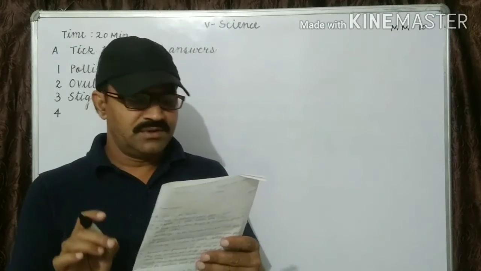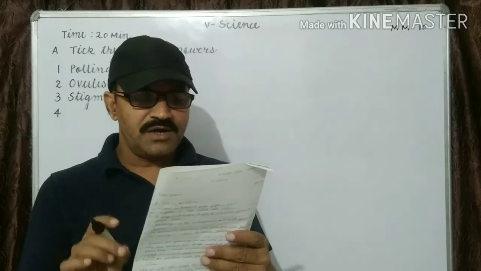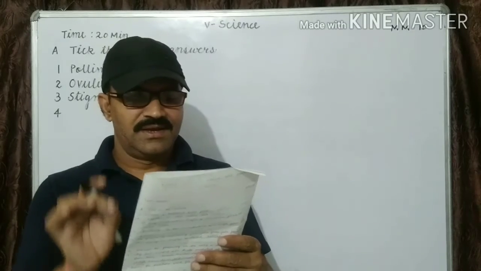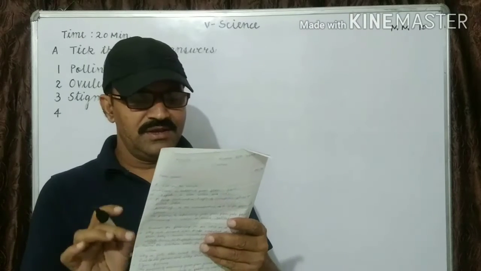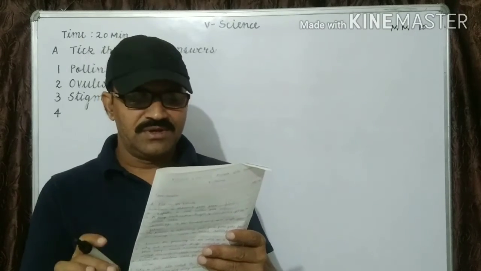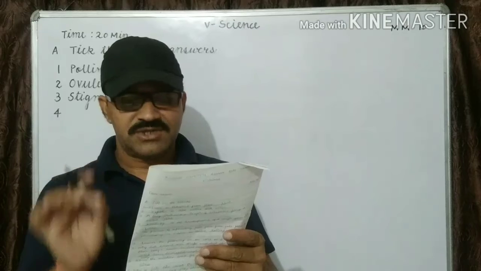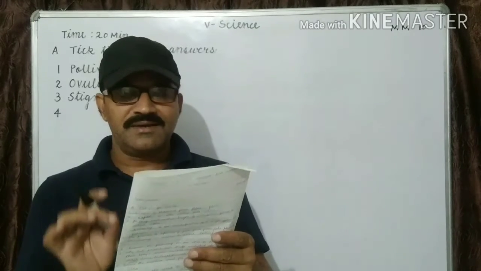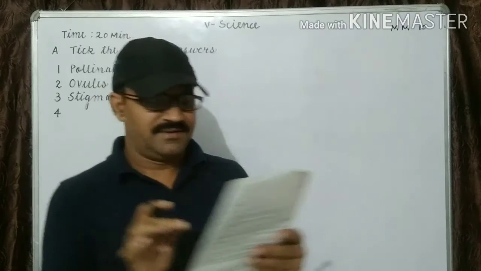Question number 4. Which part of a flower produces pollen grains? A. ovary, B. anther, C. style, or D. stamen. Right answer is anther.